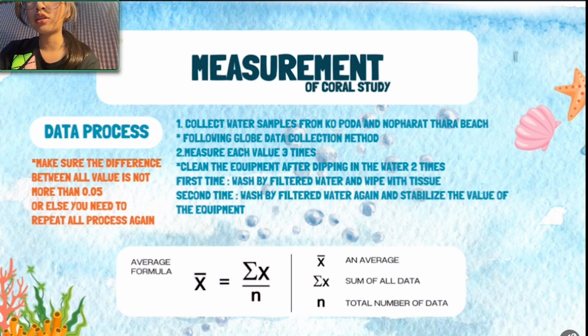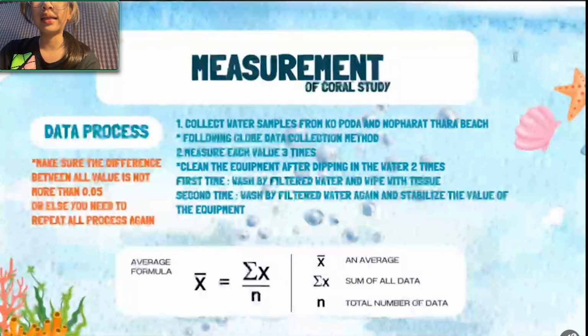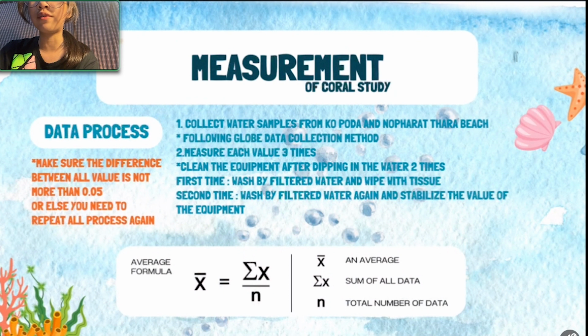First time we wash with filtered water and wipe with tissue. And the second time we wash with filtered water again and stabilize the value of the equipment. Don't forget to make sure that the difference between all values is not more than 0.05, or else you need to repeat all the process again. And on the screen you can see the average formula.